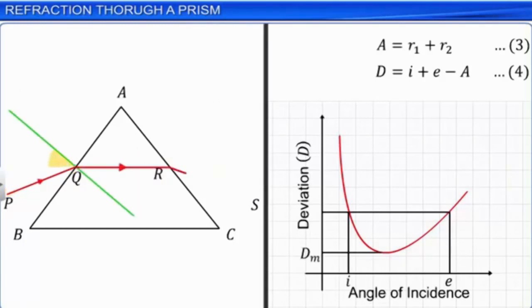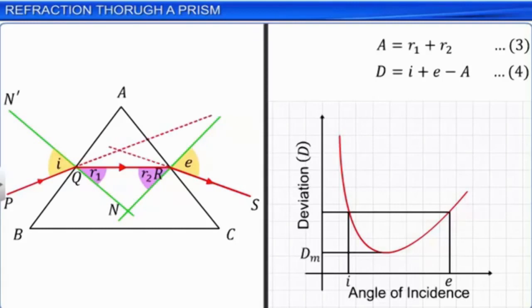When the prism is placed at its minimum deviation position, it is found that the light ray passes through the prism symmetrically and is parallel to the base.